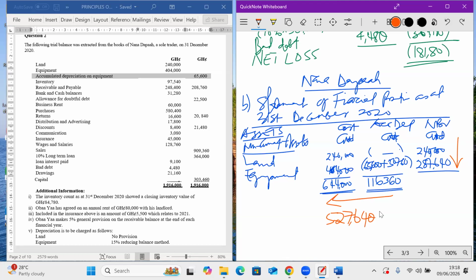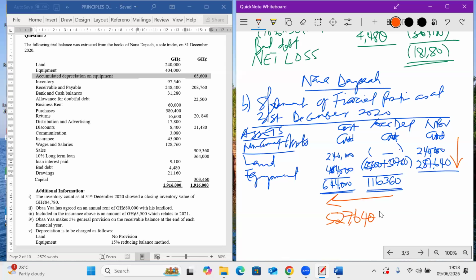Then someone should also subtract the 116,360 from 644,000. What do we have? Is it the same?